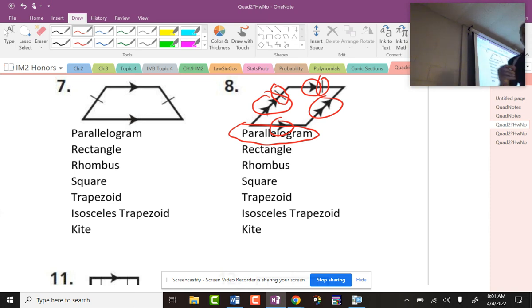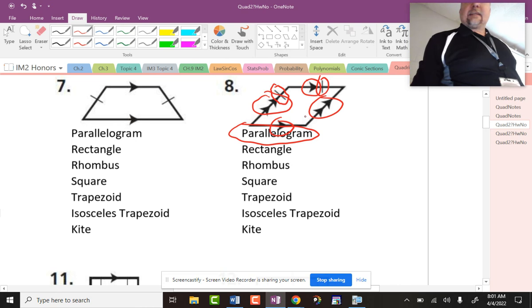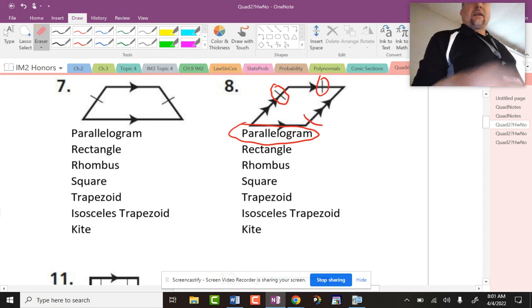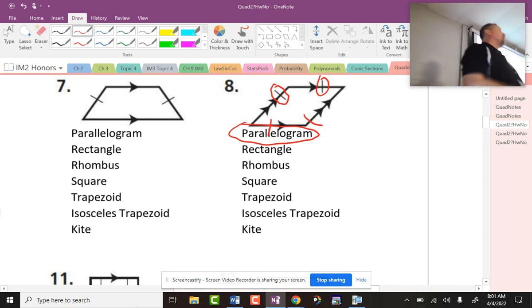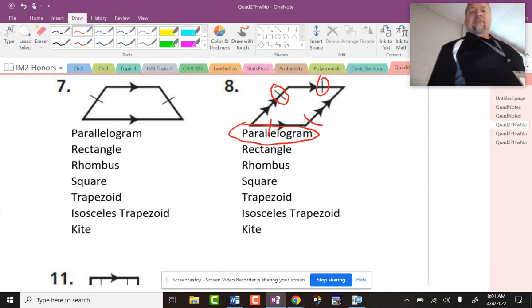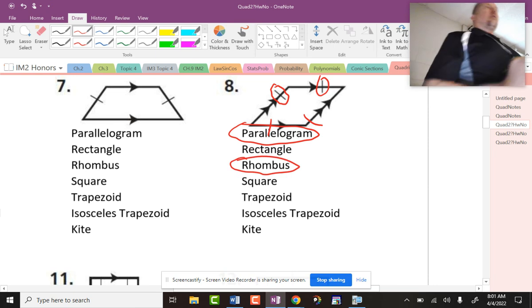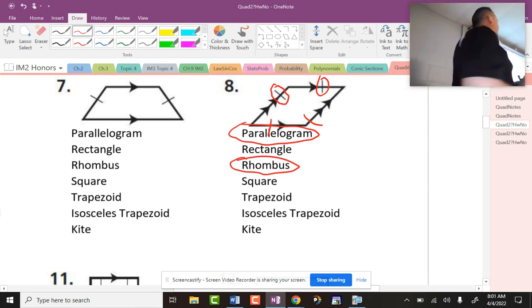So we can guess that this side is equal to this one, and I got to get rid of some of my markings. And then, since we know it's a parallelogram, these opposite sides must be equal. And all of a sudden, all 4 of them have 1 mark. So I'll ask you again, is it a rhombus? Yes or no? Yeah, now it is, because all 4 sides are equal, and that's what makes a rhombus. Is it a square?